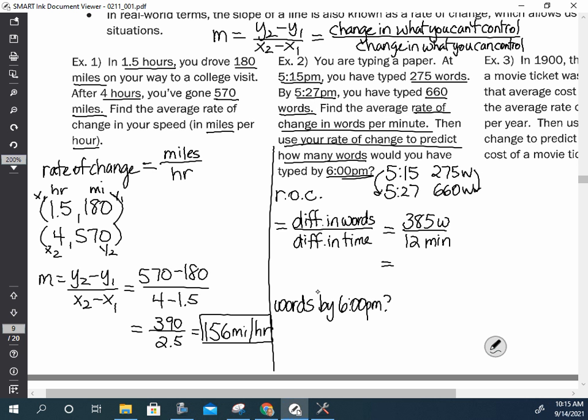So if we divide the two out, you get 32.08333, so about 32 words per minute. 32.1 words per minute to be exact.